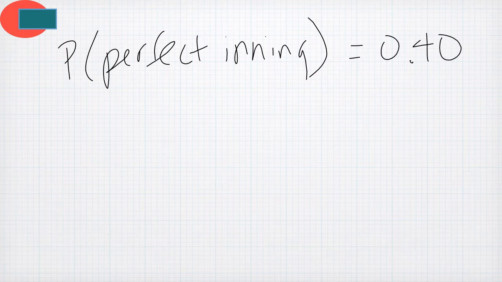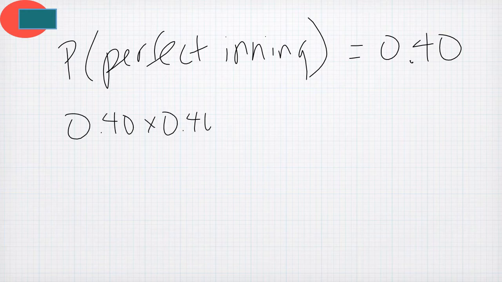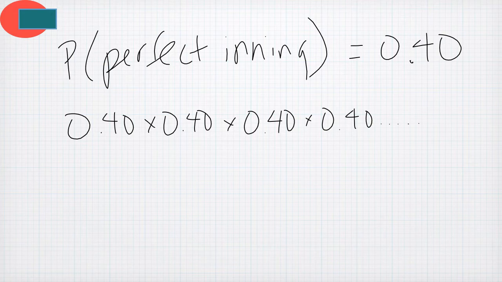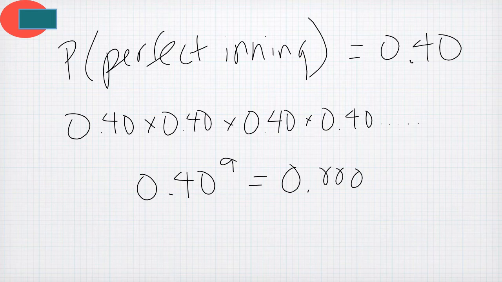Well, that would be the probability of 1 perfect inning times the probability of 1 perfect inning times the probability of the 3rd perfect inning times the 4th, and so on and so forth, until basically the probability of a perfect game would be 0.40, again, to the 9th. And if I do that on my calculator, I get that this is a 0.00026 probability of getting a perfect game.